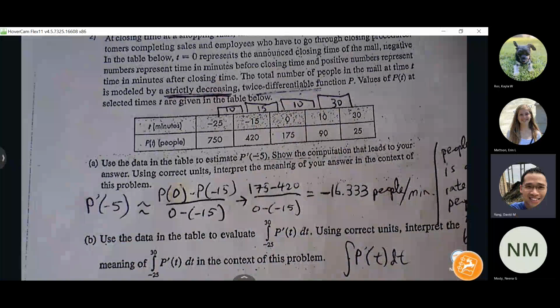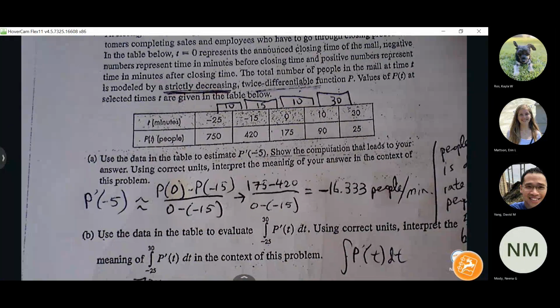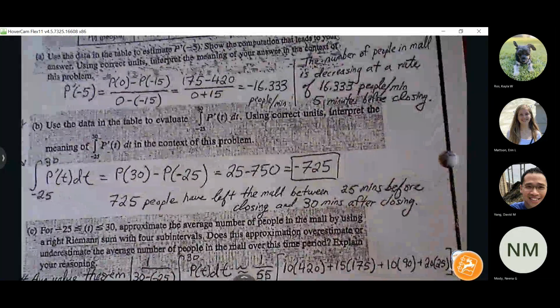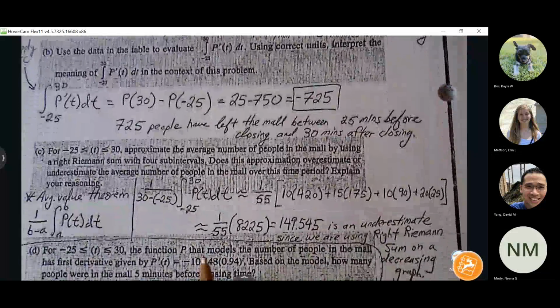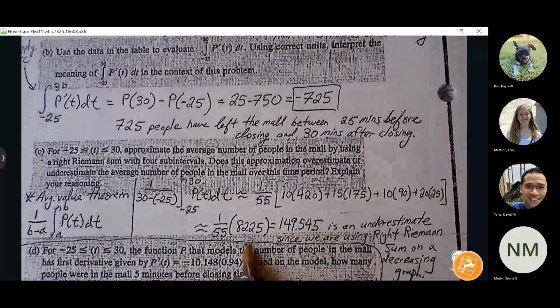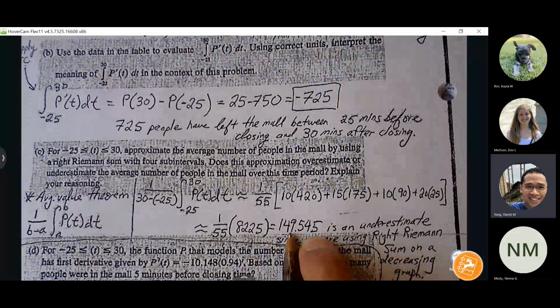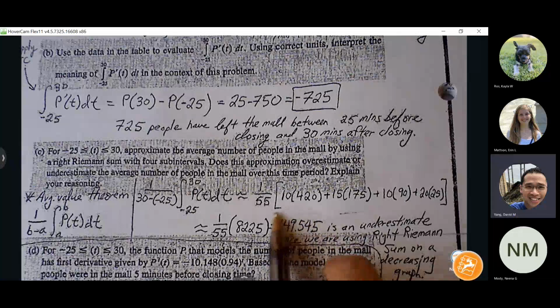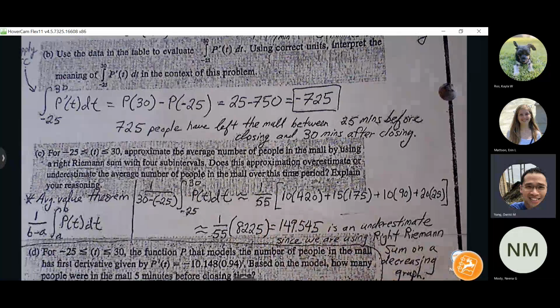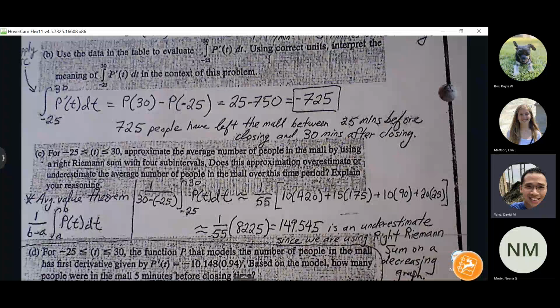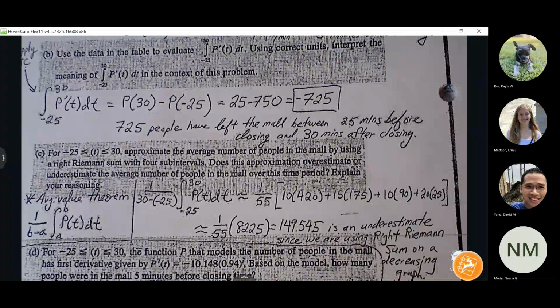That's going to get you a really, really large number, but then we're going to divide by 55. And that's going to get us 149.545. So we know the average number of people in the mall throughout this whole time period is around 150.